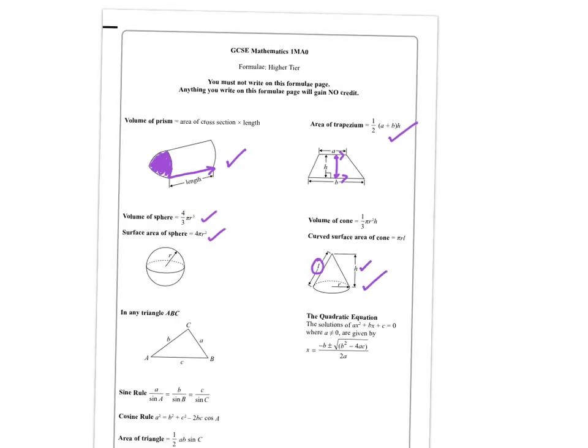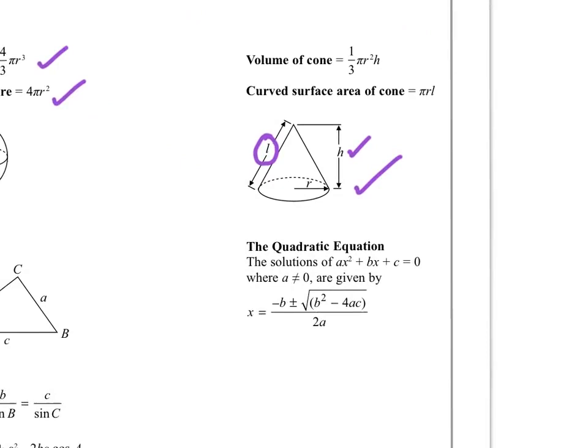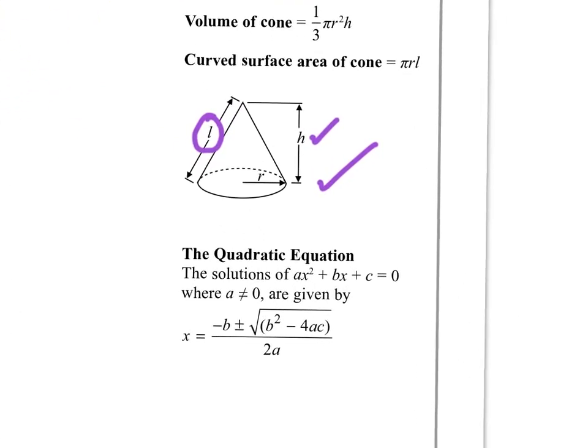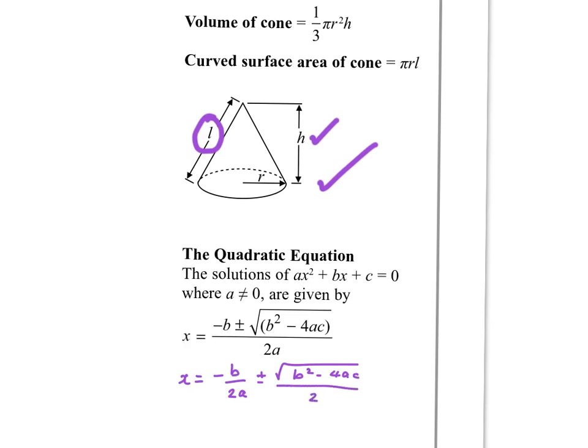Then we come to looking at the quadratic equation, and one way of writing this is x is minus b over 2a plus or minus the square root of b squared minus 4ac over 2a.